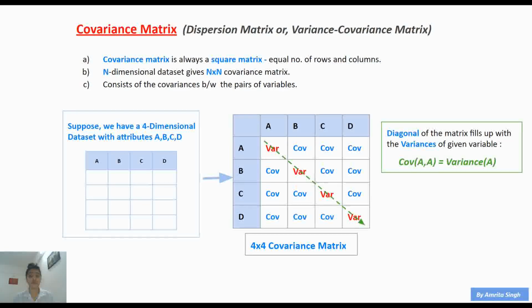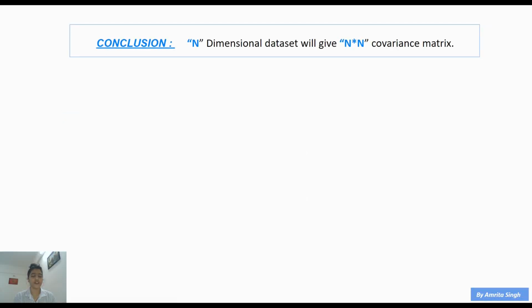And if you remember the point I mentioned in the previous slide, the diagonal of this matrix always fills up with variance, because the covariance of an attribute with itself always gives the variance of that attribute. So the conclusion is that an n-dimensional data set will always give us an n cross n covariance matrix.